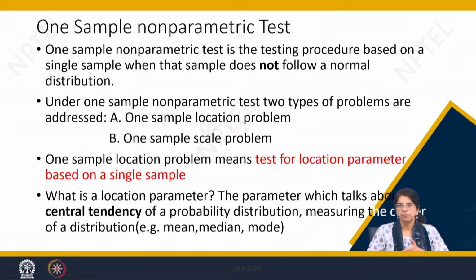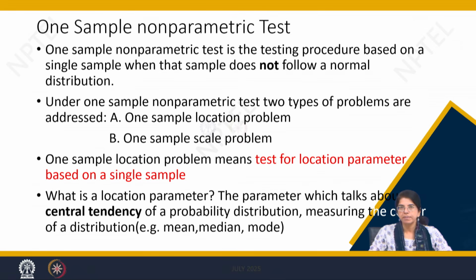There are a few observations x1, x2, ..., xn, and on the basis of these observations we want to make some test related to, say, the measure of central tendency, measure of location, measure of scale, measure of skewness, like this. So, that is why it is called a one sample test, and when the methodology used to address this test is non-parametric, then we have a one sample non-parametric test.